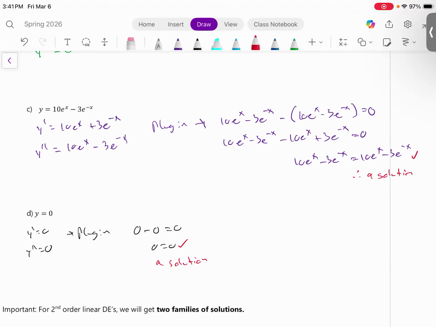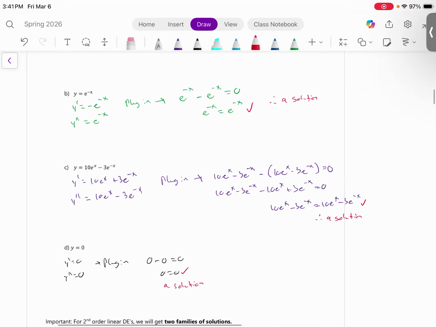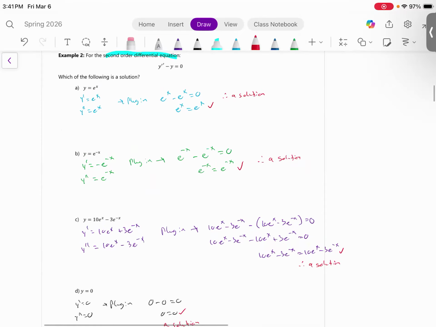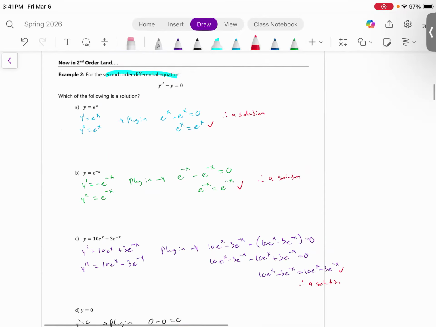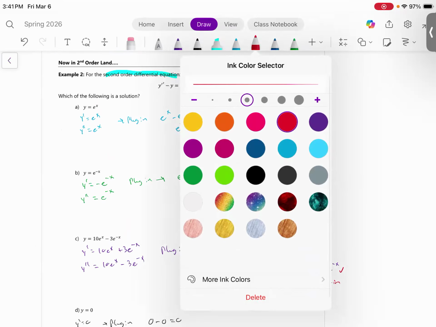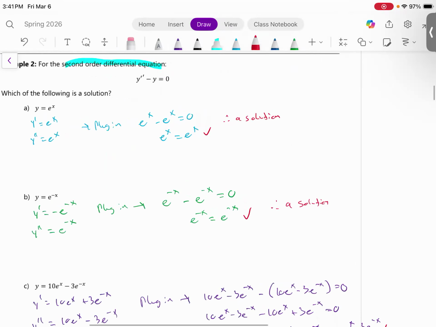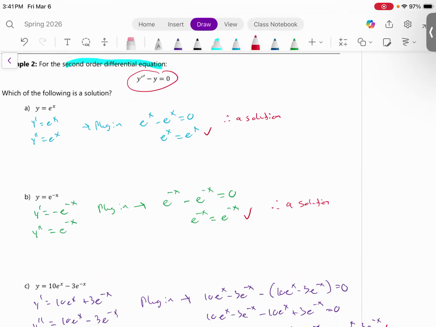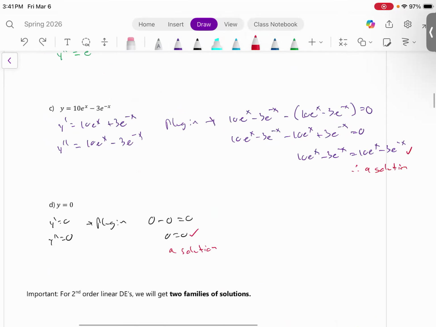So that's pretty strange. We got four possible solutions that we know of to the second order differential equation, four possible solutions to y double prime minus y equals 0. So let's write that out.